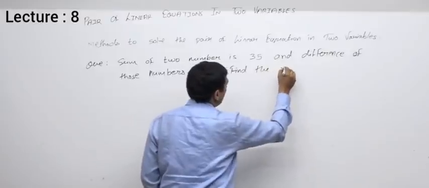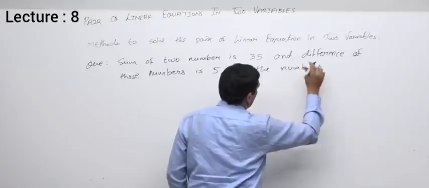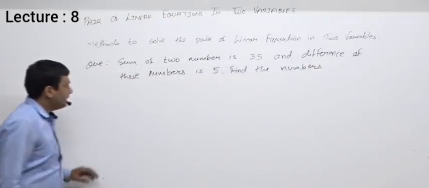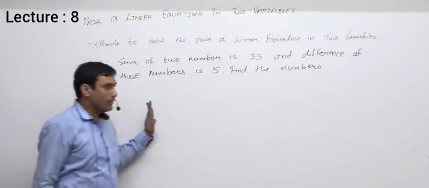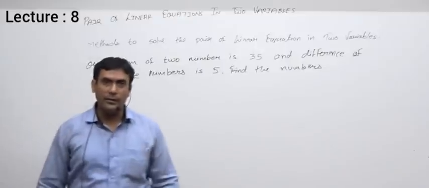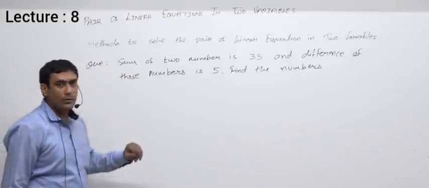Find the numbers. So here it is given there are two numbers whose sum is 35, and the difference of the same two numbers is 5. So we have to find those numbers.